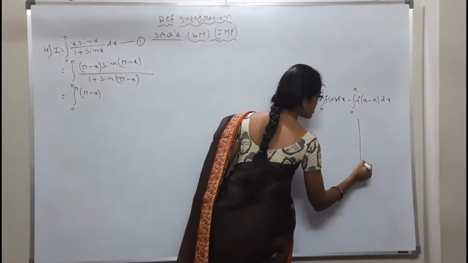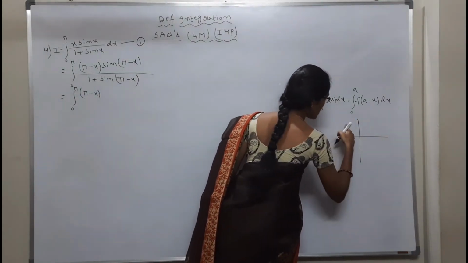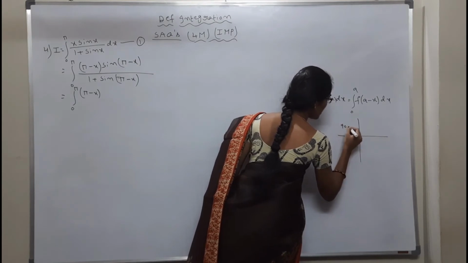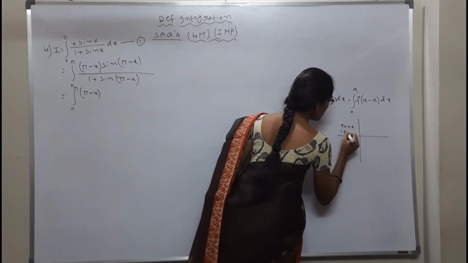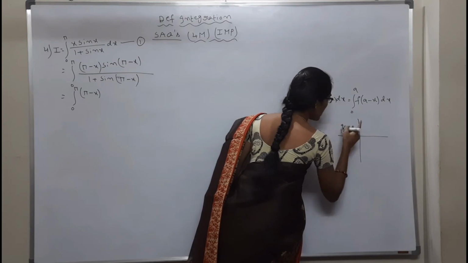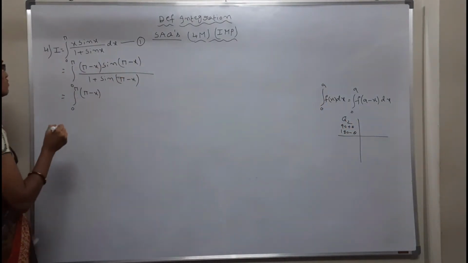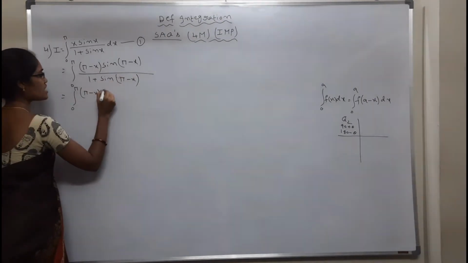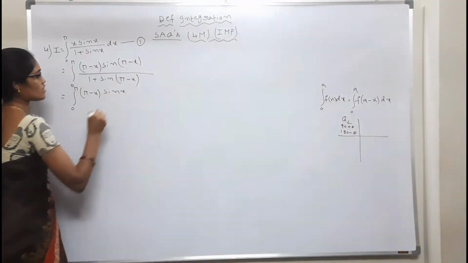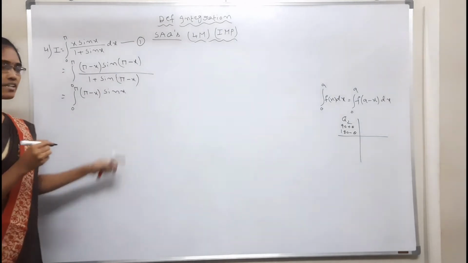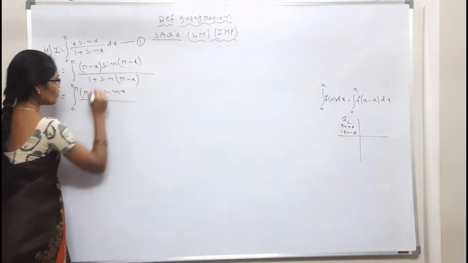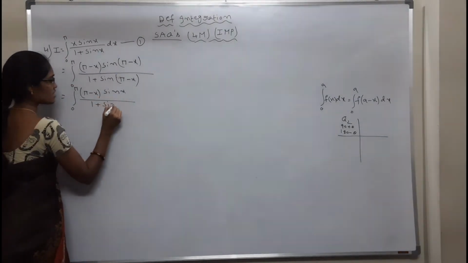Sin of 180 minus theta is in the second quadrant, where sine is positive. So sin of 180 minus theta is equal to sin theta. So sin of 180 minus x is equal to sin x by 1 plus sin x.